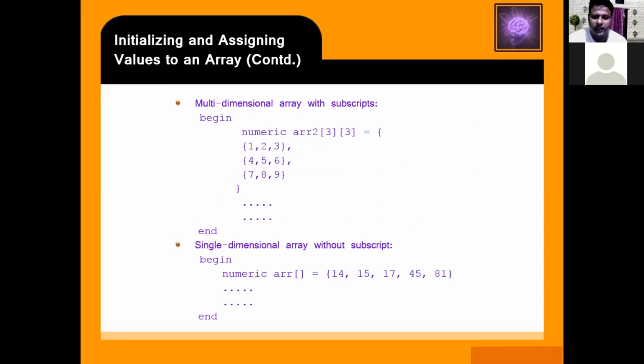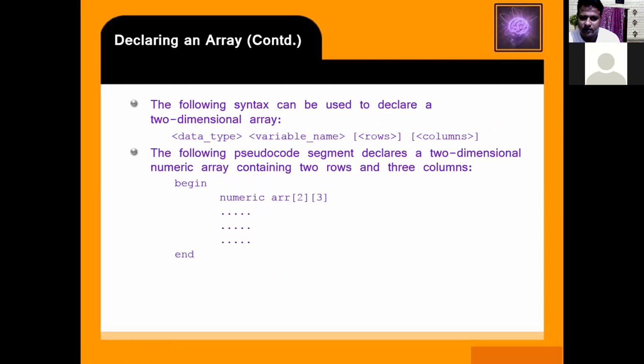Then we define the multi-dimension array, which is defined as 3 rows and 3 columns. So here 3 rows are present, and column-wise 3 columns are present. The first dimension is represented as row, the second dimension is represented as column.